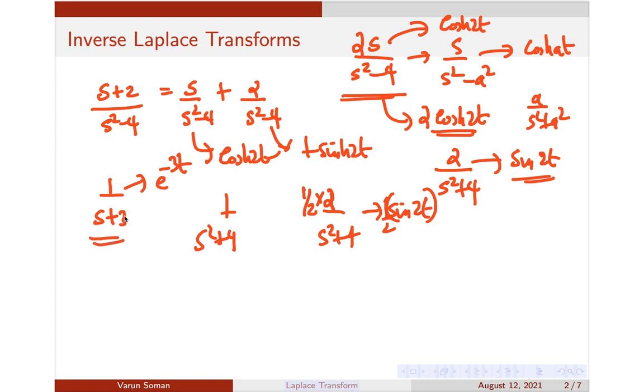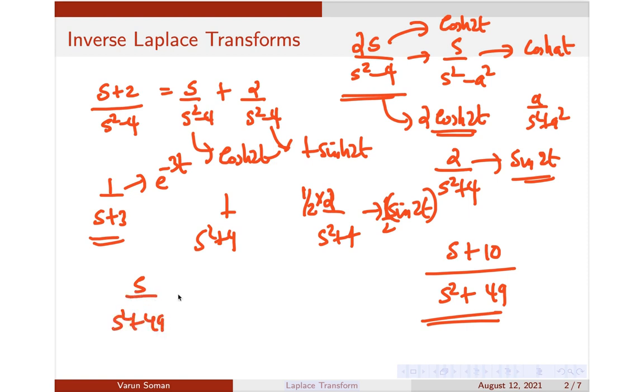Okay, so we'll also be using the shifting theorem later, that I'll show you later. So try to understand these basic concepts now. And again, if I'm taking the discussion a bit further, if I want to find the inverse transform of maybe (s plus 10) by s square plus 49, what will I do? Again I can split it as s by s square plus 49 plus 10 by s square plus 49.